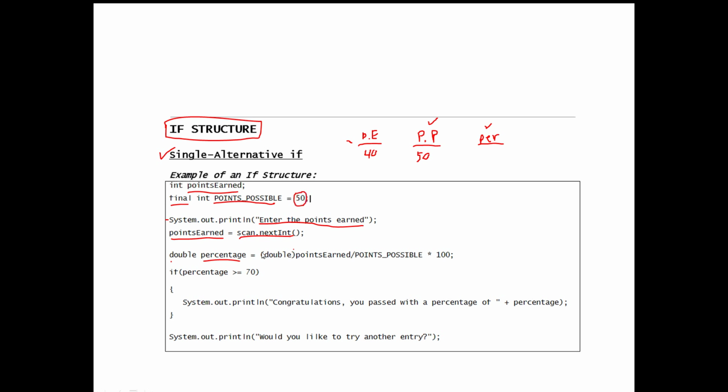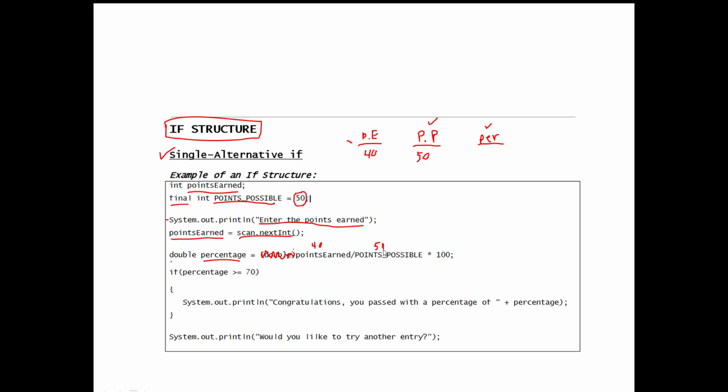Now just for teaching's sake, let's assume that we don't have this in here. Points earned is called, and its value is 40, so we have a 40. And then you have points possible is called, that has a 50. And then you have times 100.